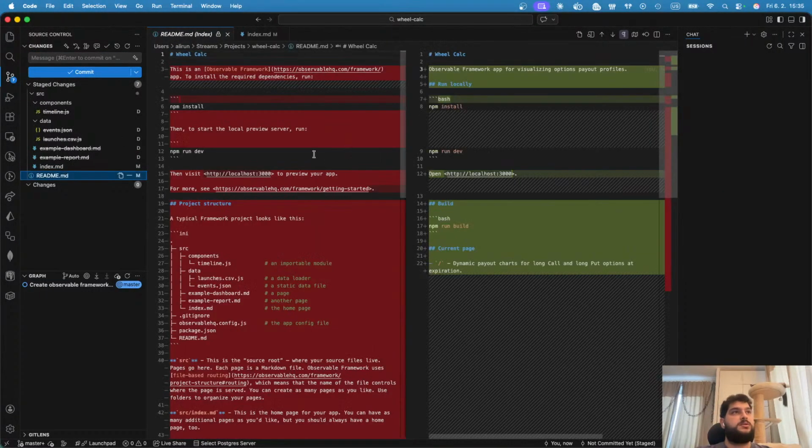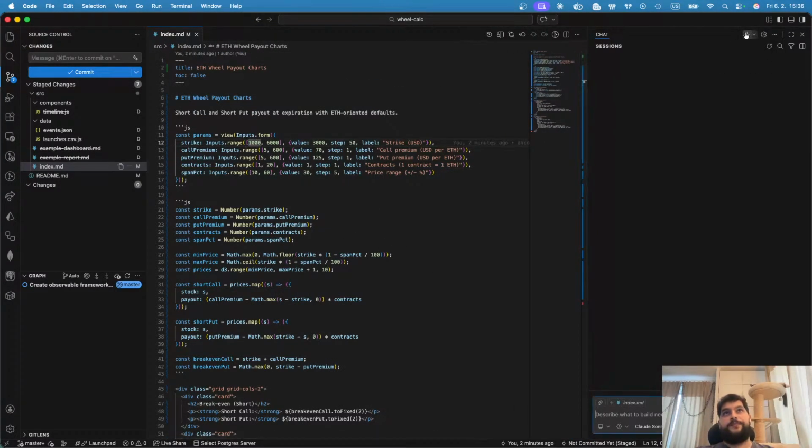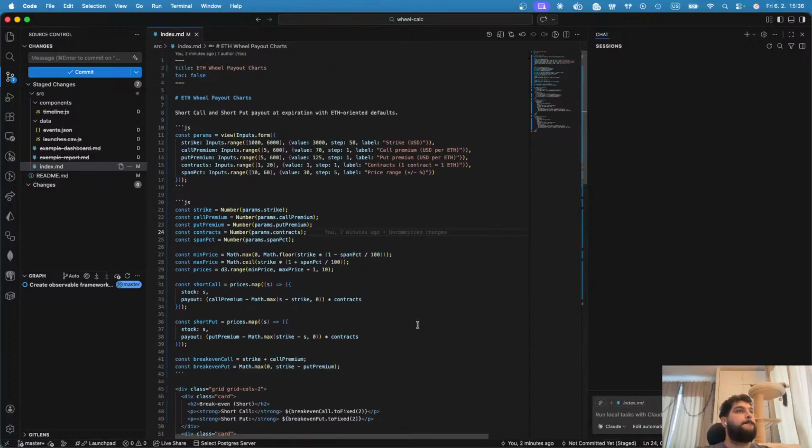Let me add this. I want to try here the internal. Actually, I can try with Claude. Edit automatically, and let's do the Opus 4.6. Charts are too big. Put them next to each other in one horizontal row.